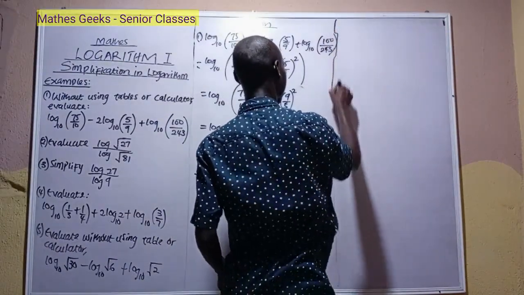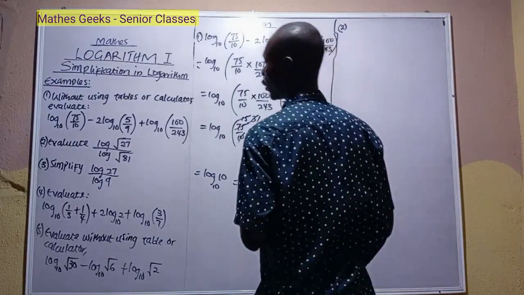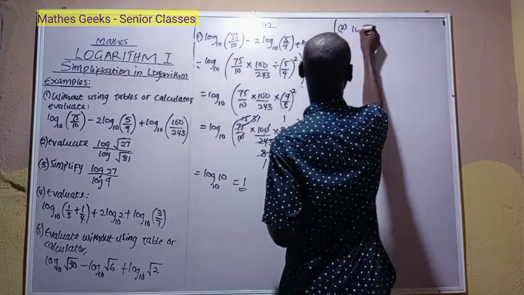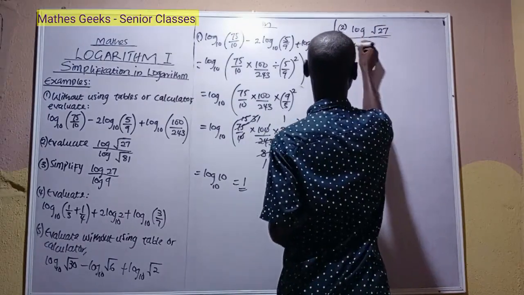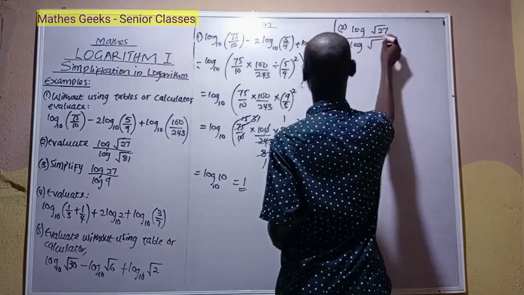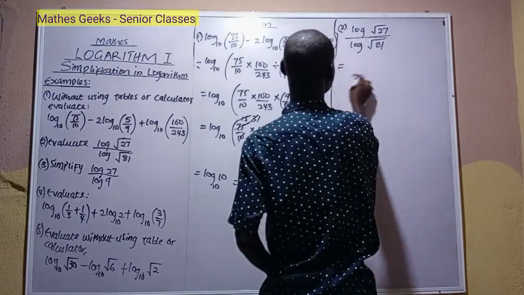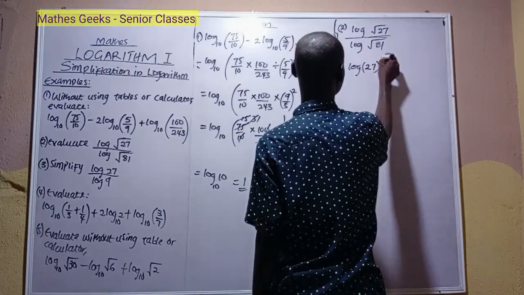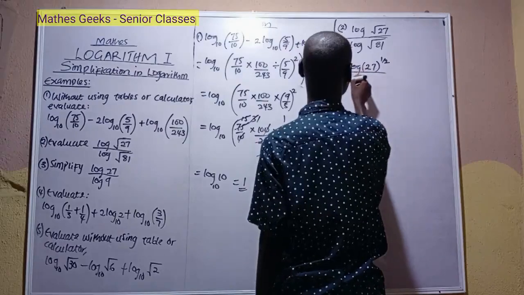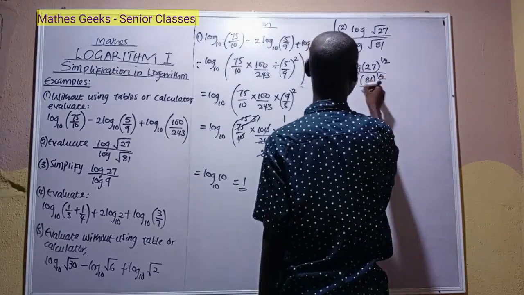Number 2. Evaluate log root 27 over log root 81. And this will give me log 27 raised to 1 over 2 over log 81 raised to 1 over 2.